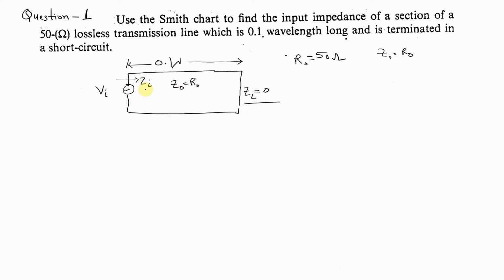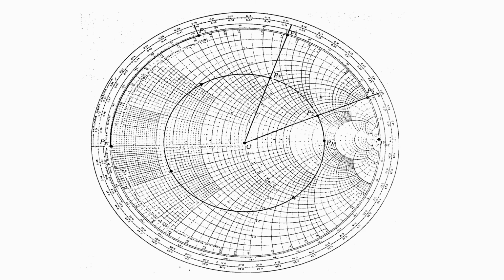To find the input impedance, we have to go towards the generator, so wavelength towards generator, 0.1 lambda, in the clockwise direction.